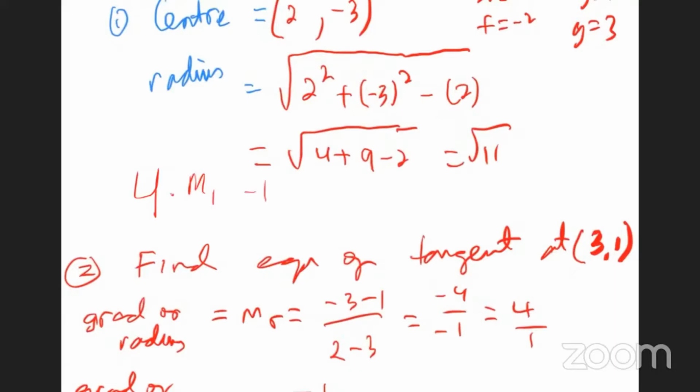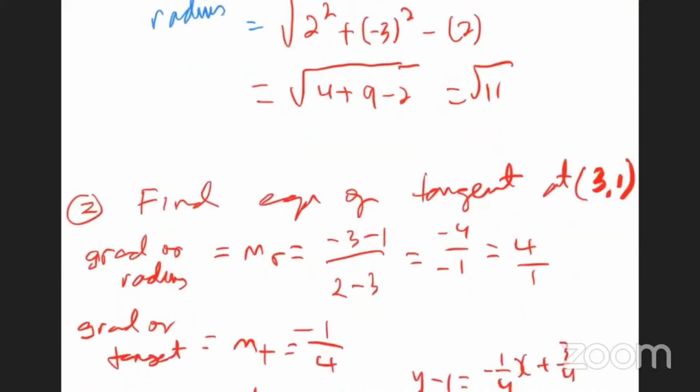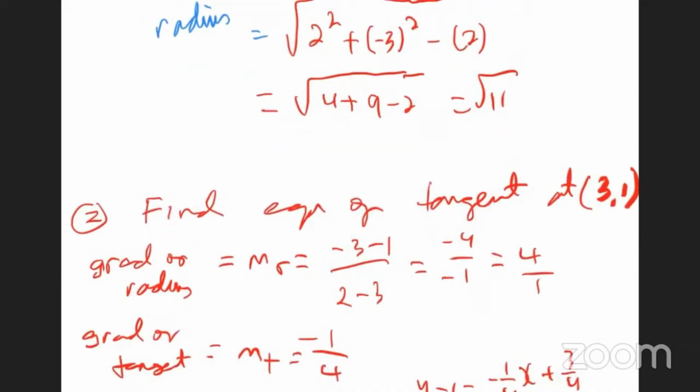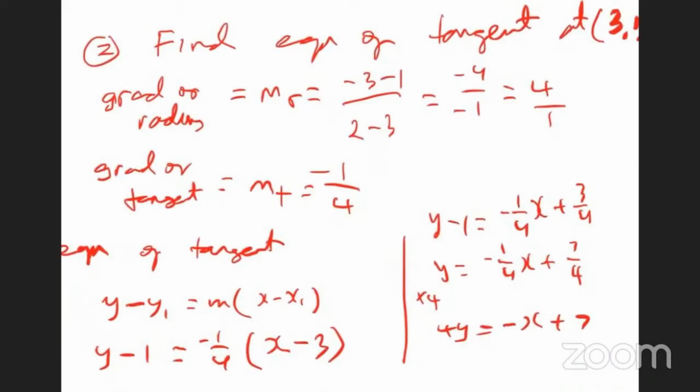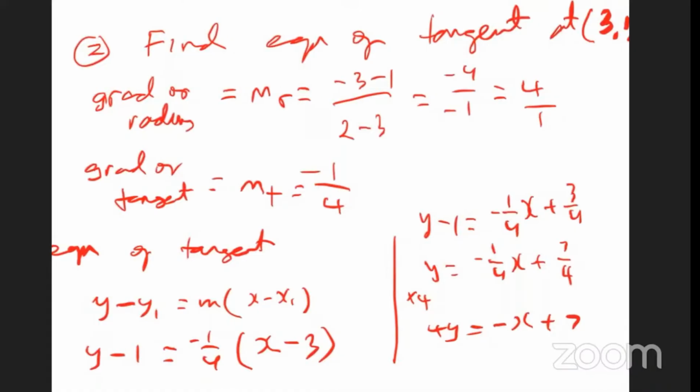The perpendicular gradient is the negative reciprocal: flip over the 4 and change the sign. So the gradient is -1/4. Then plug it into the equation and you all got +7 and 4. Nice. I just multiplied by 4 and got the answer. So that is a quick review on how to do this.